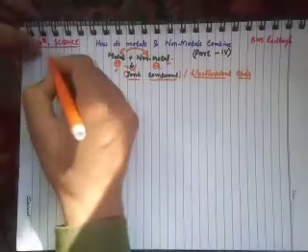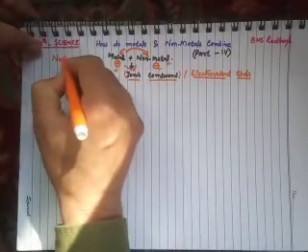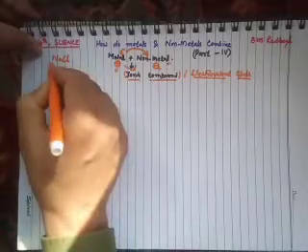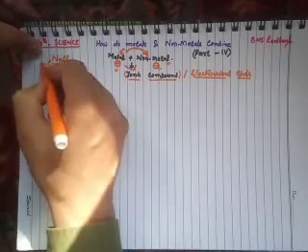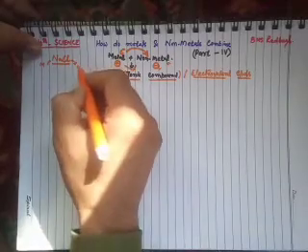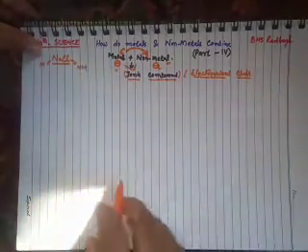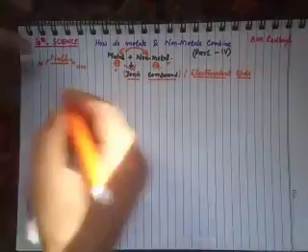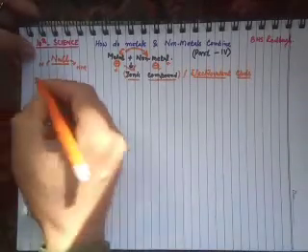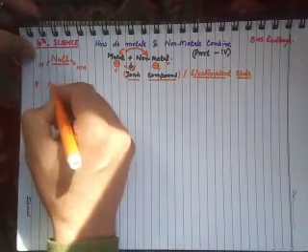Dear students, we have discussed how sodium chloride formation takes place, Na, sodium, being a metal, and chlorine being a non-metal, in the previous lecture. Now today we will discuss another example, that is formation of potassium chloride.